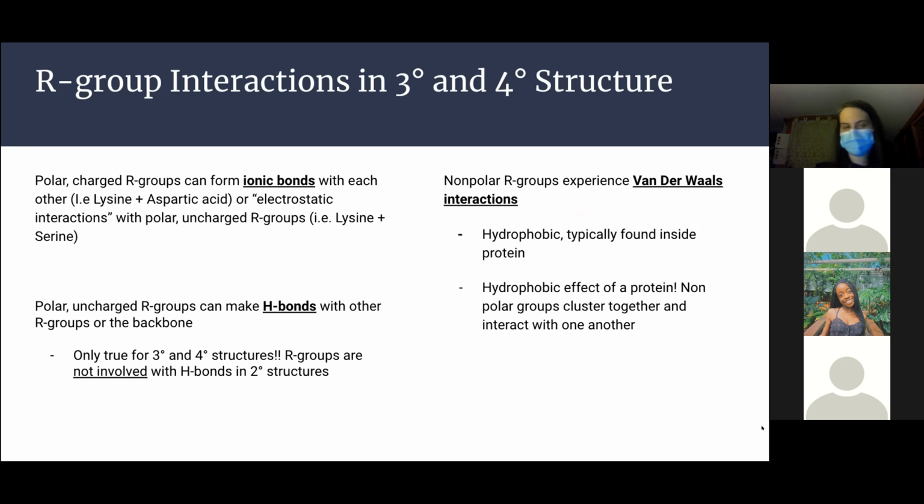So in a protein that has van der Waals interactions, the hydrophobic effect is that those nonpolar groups are going to cluster towards each other on the inside, in the core of the molecule, versus the exterior, which is going to be composed of the hydrophilic molecules.